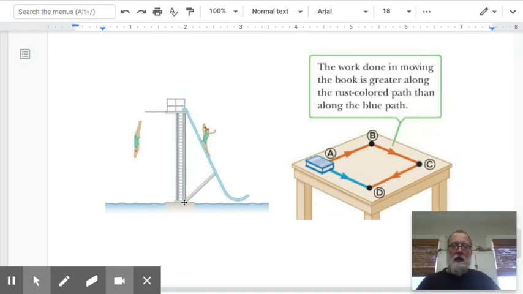Both of these, it's the same gal. When she climbs up the ladder, she does so much work against gravity to get to the diving board. Well, if we ignore air resistance and we say this slide is frictionless, then the kinetic energy that she enters the pool with will be the same in both cases. So it doesn't matter if she goes straight down in a dive or she goes down the slide.